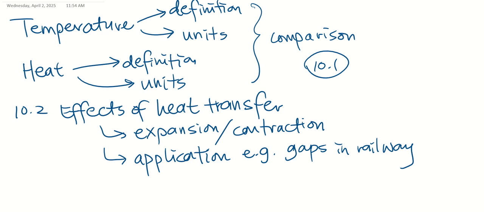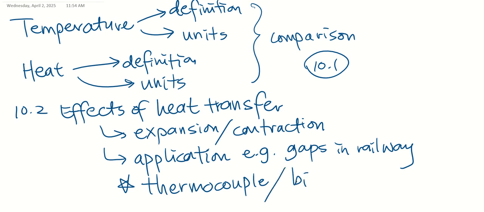Okay, then also a very important one, which I suspect they will set. I'm not setting the paper. It's very important. Is your thermocouple, right? We have two kinds of metals and one expands more than the other. Oh, sorry.